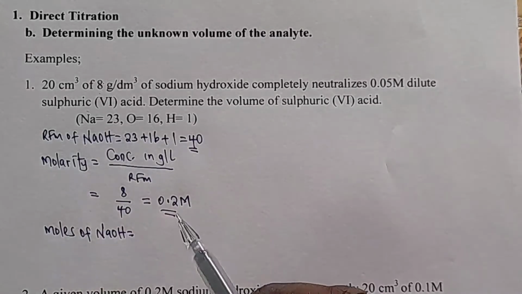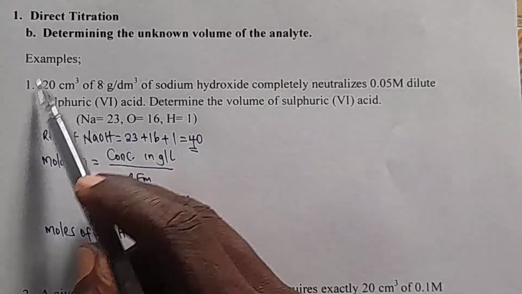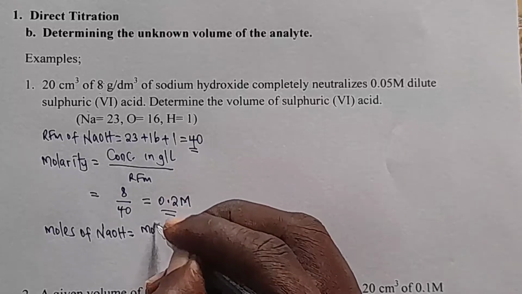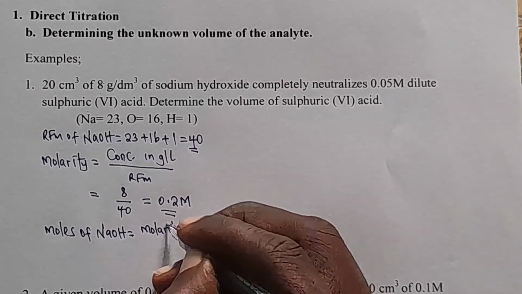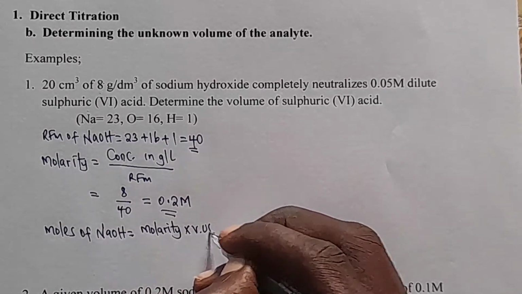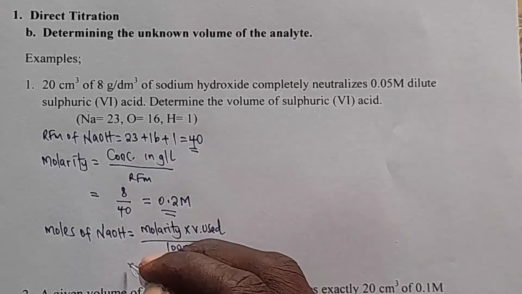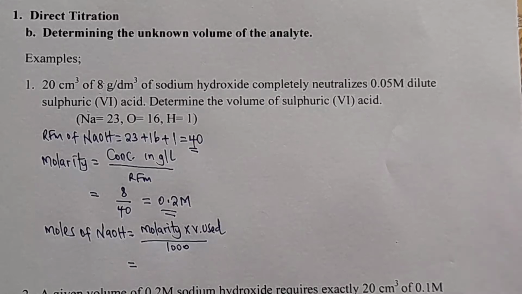If I have the molarity of sodium hydroxide and the volume of sodium hydroxide, moles will be equal to molarity times volume used over 1000. That is the formula for calculating moles.